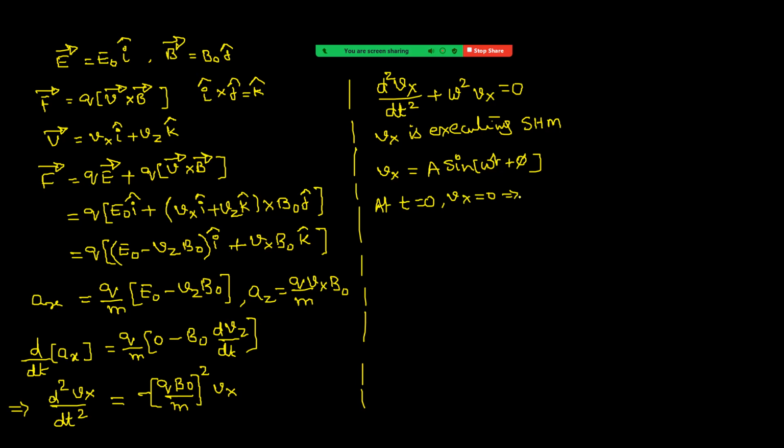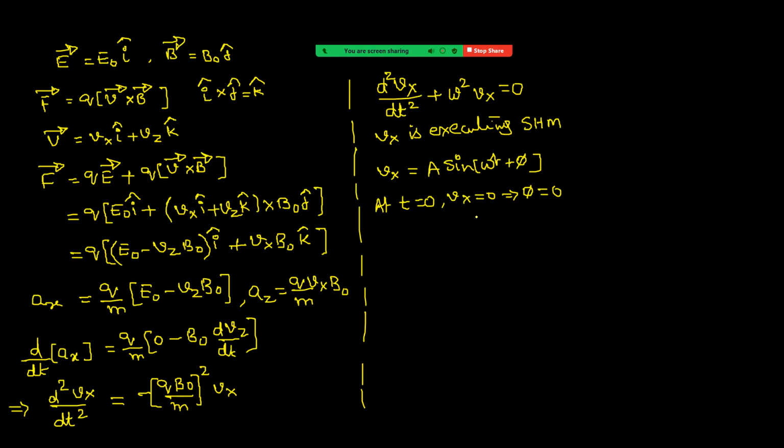That implies sin φ remains, right? sin φ = 0, that implies φ = 0. See carefully once again: at time t = 0, Vx was 0 because the particle was having no velocity. So φ = 0, too.